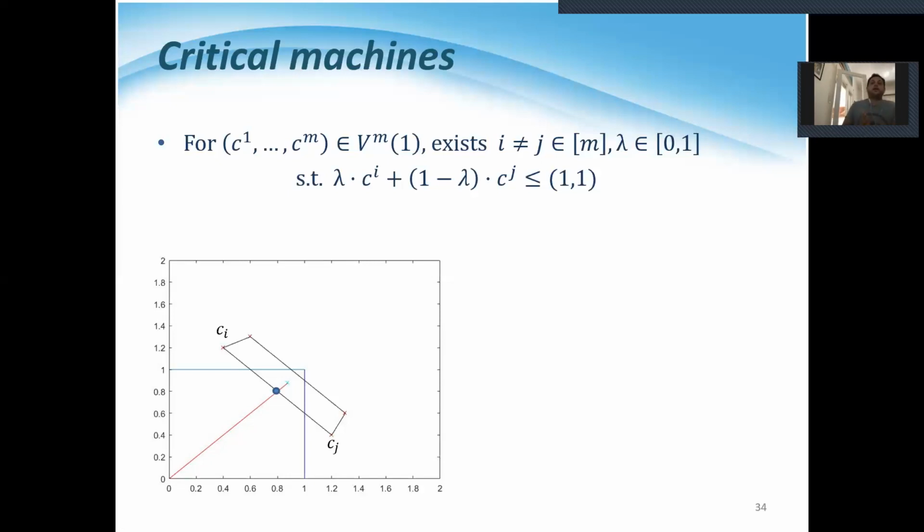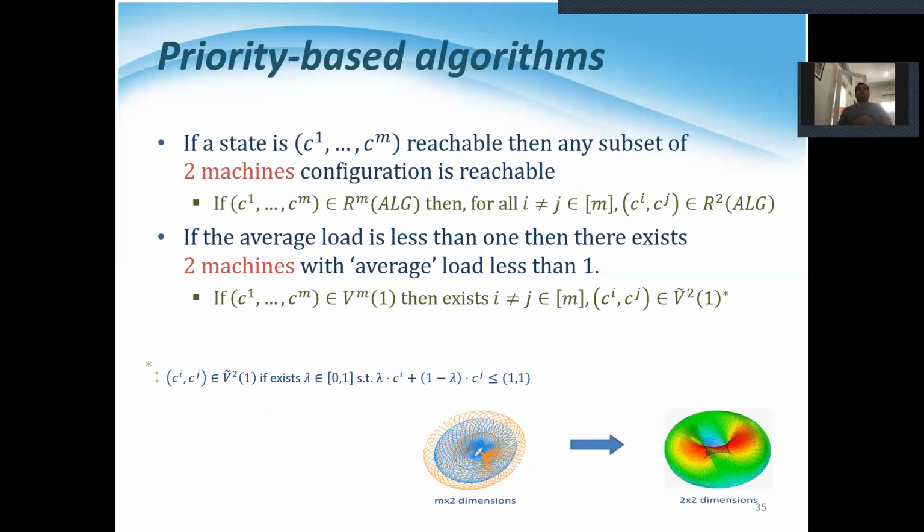So exactly as the lemma said, there exists some lambda such that lambda Ci plus 1 minus lambda Cj spans this point, and therefore this lemma holds. Okay, so now the question is how I can use this. I will show you that it's easy to use these two lemmas in order to reduce the dimension of the problem.